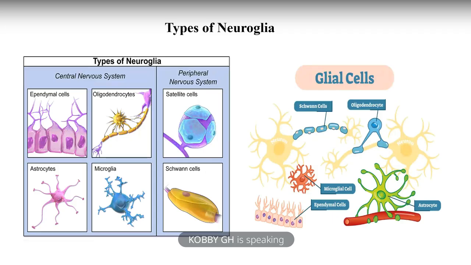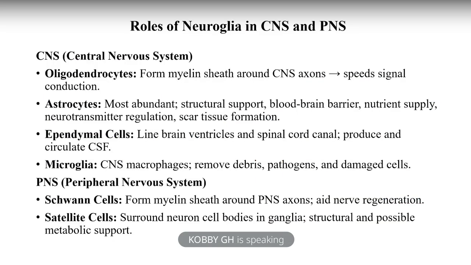You should be able to state some of the examples of neuroglial cells in the central nervous system, or the four. You should be able to state the neuroglial cells in the peripheral nervous system, or the two. And at least know about their functions, what they do. Practically, this is how they look anatomically.